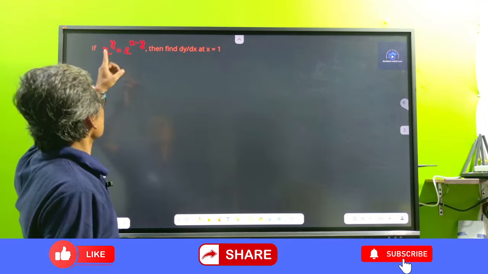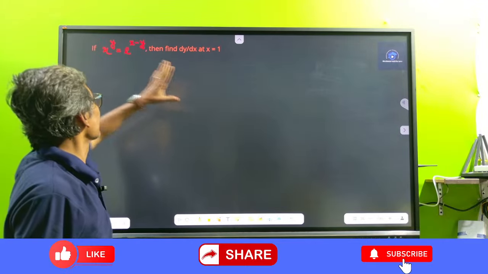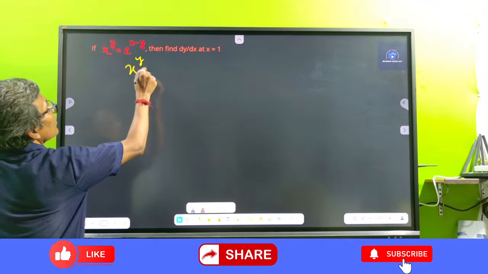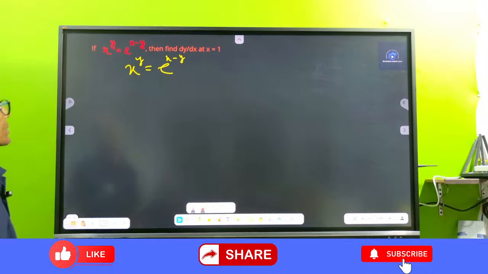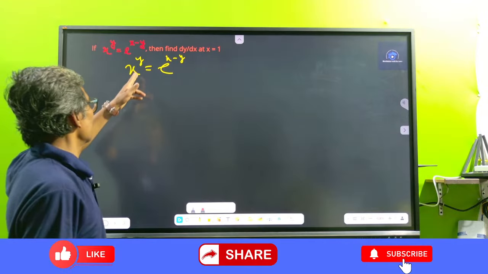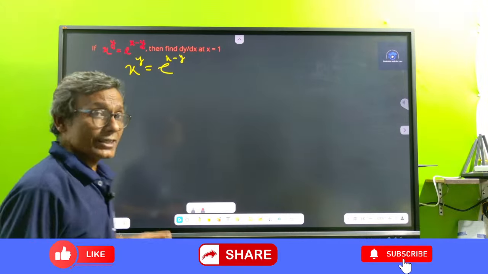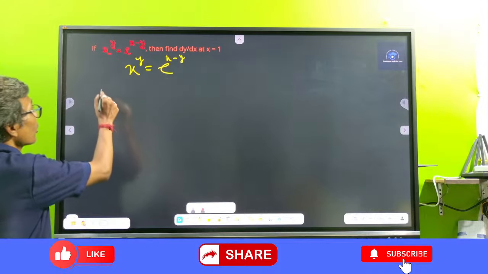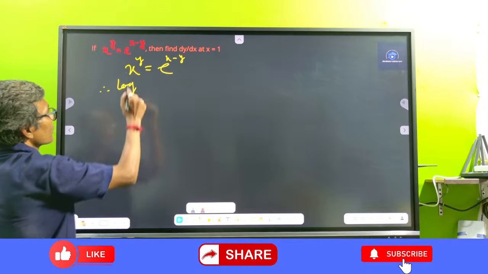Find out the dy by dx at x is equal to 1 and the function is this. Since the base is variable and also the power is variable, in that case we have to take log on both sides because there is no formula for this function.